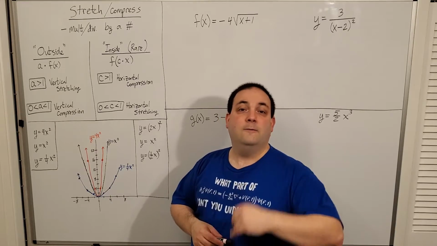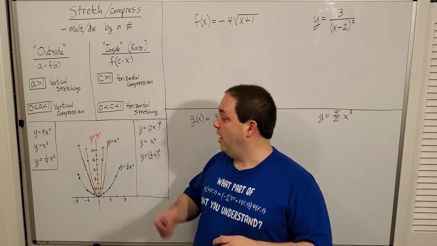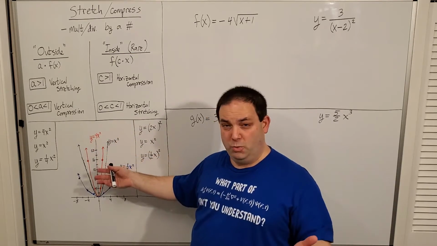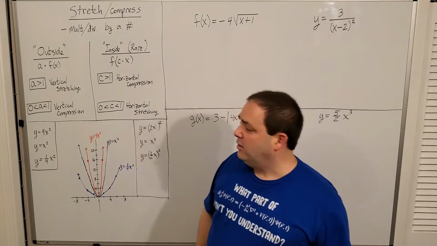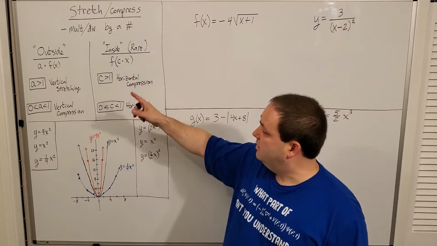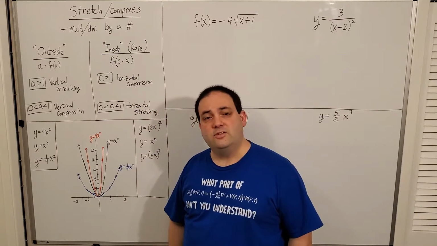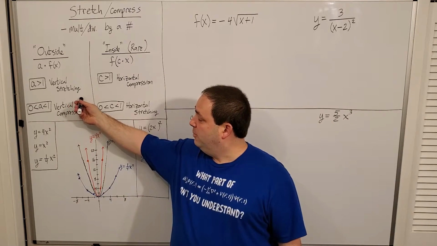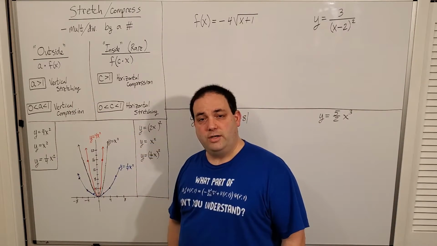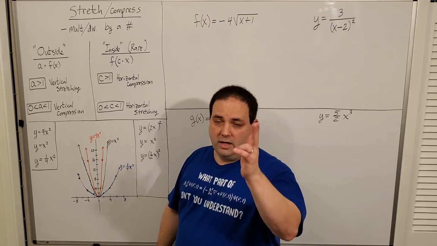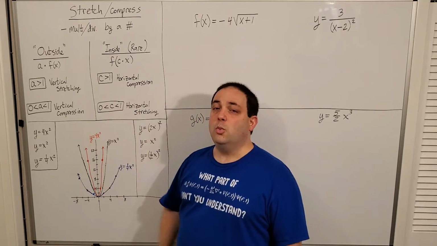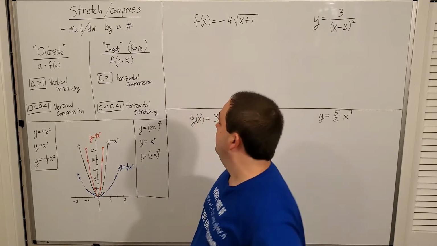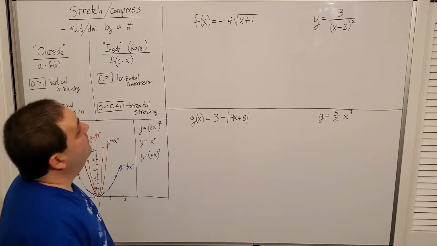So in that case, you actually move up to another type of graph where these two both matter separately. But with all the ones we're doing here, the normal algebra functions, these two types of things are going to be connected. So for the most part, you'll see that it'll mostly be the vertical stretching and compressing. But it does help you to know that the other one exists in case somebody tries to throw you a curveball. Okay? Let's look at a few of these.